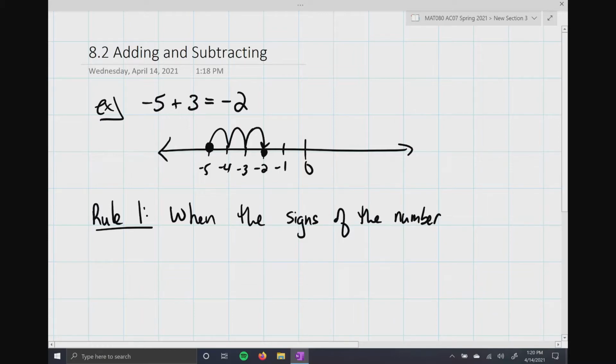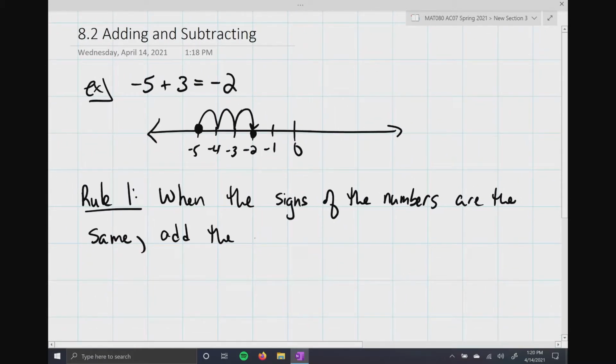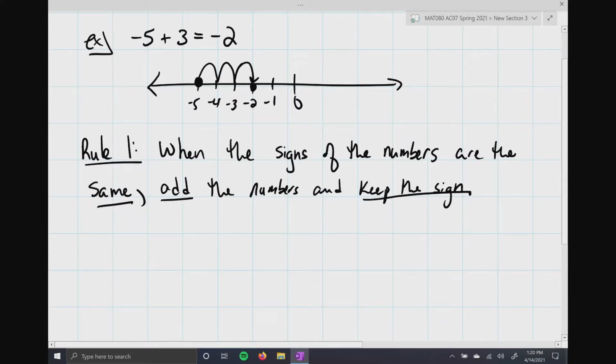When the signs of the numbers are the same, add the numbers and keep the sign. Okay? So when the signs of the numbers are the same, you're going to add the numbers, keep the sign.